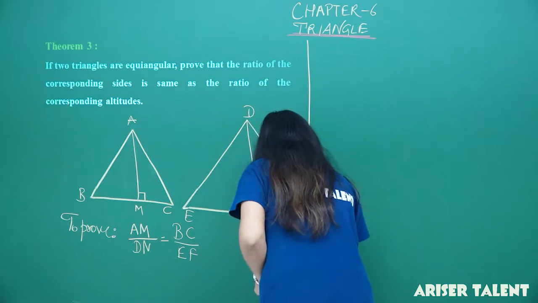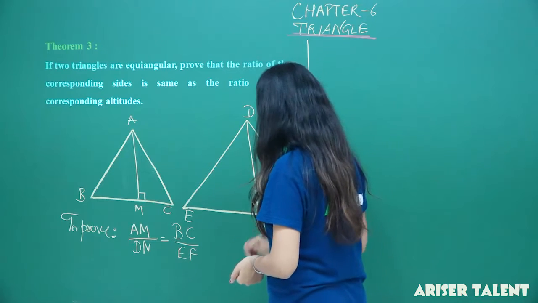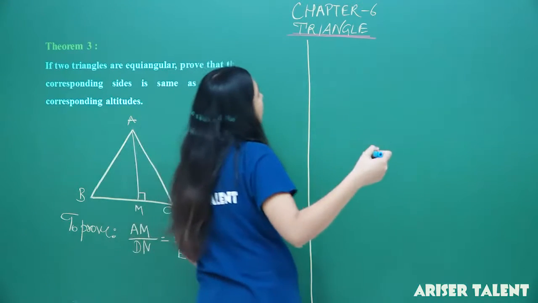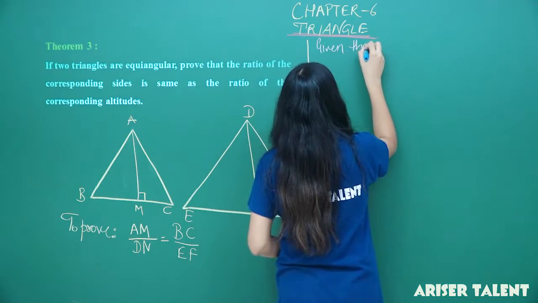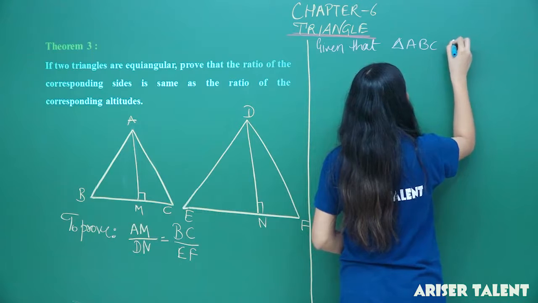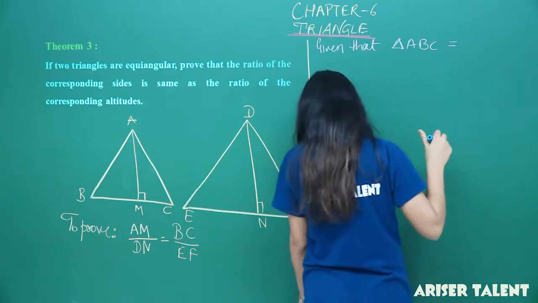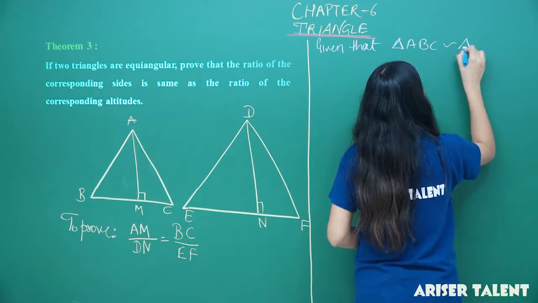So we will start working, and this is what we are having. So given that triangle ABC is similar to triangle DEF.